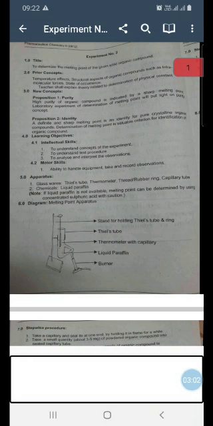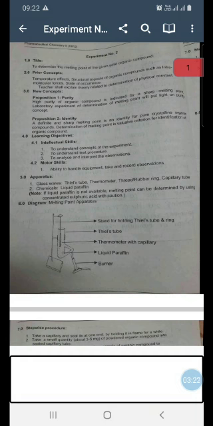But suppose it starts melting at 120 degrees and the complete compound melts at 120.5 degrees centigrade. So this range of 0.5 degrees centigrade indicates that the compound is of lower purity.